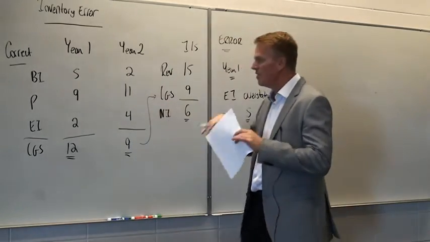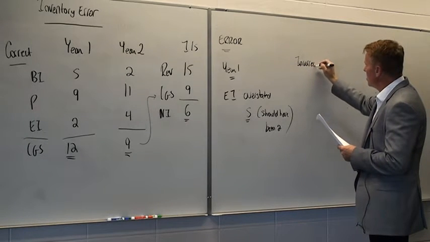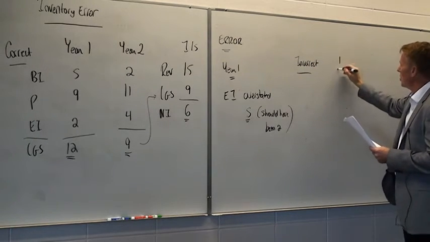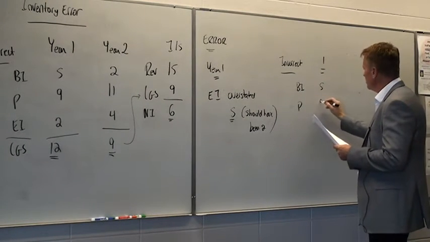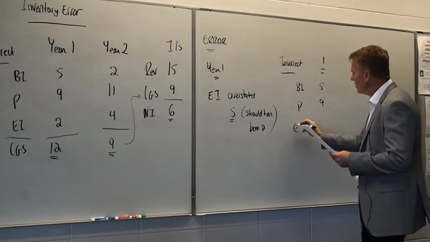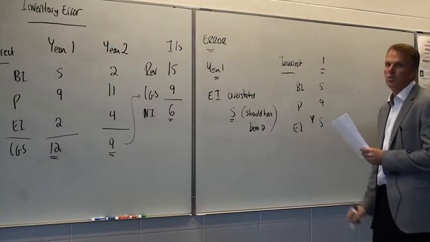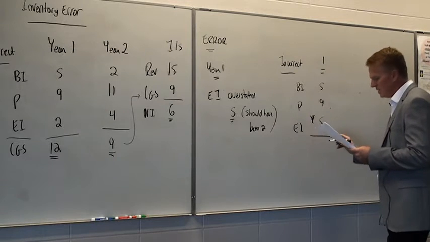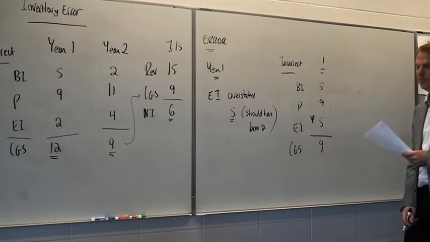So we're going to have the error put in here. So what we're going to do is we're going to make this the incorrect. So we've got year 1 here. So we've got beginning inventory of 5, purchases of 9, ending inventory is 5 now, not 2. And what happens is then our cost of goods sold becomes 9.